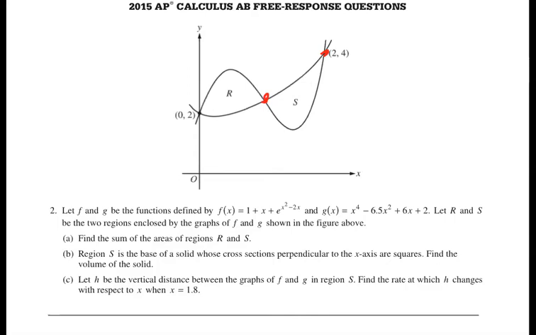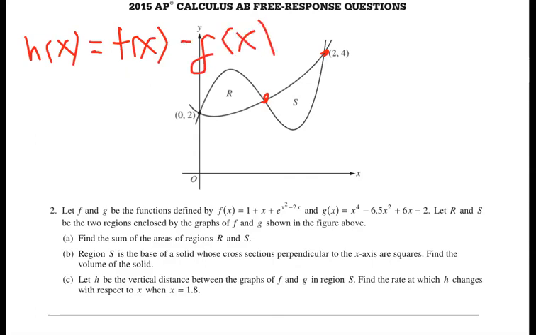So h of x, you're going to write this on the problem, is going to be the top, which is f of x, minus g of x. And that's a terrible g, I'm sorry. That right there is going to get you a point for telling them you know that.